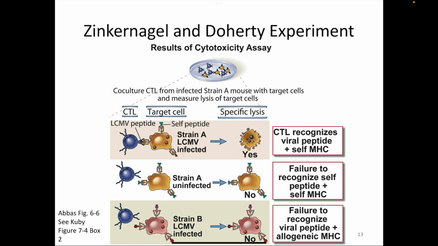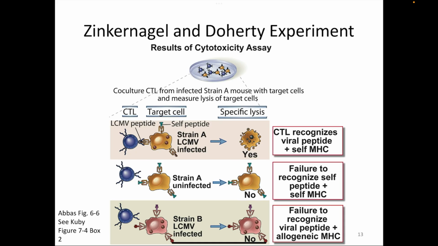The idea here is that T cells seem to need to have a couple boxes get checked. They need to both know that something is the right pathogen, but they also need to know that they're looking at the right kind of cell, a cell that is theirs, a cell that is self.